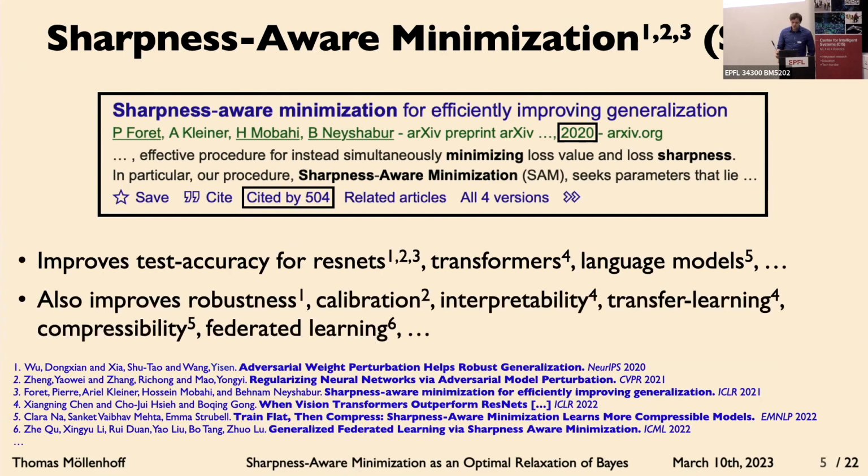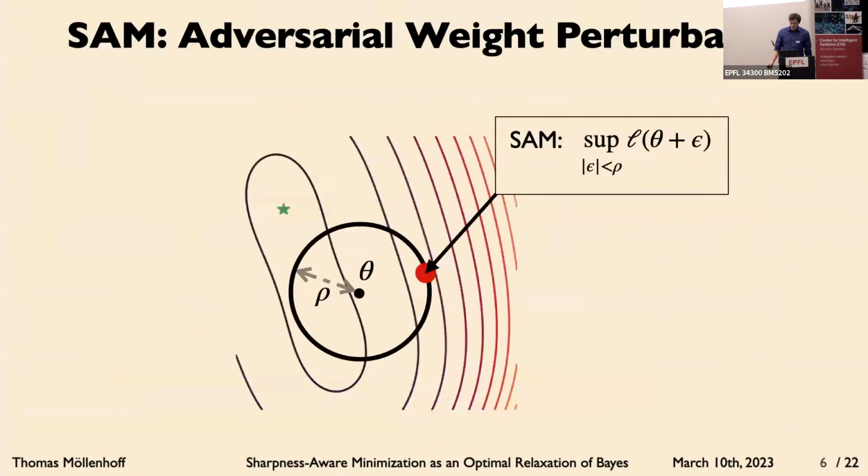And it not only improves your test accuracy, it also improves robustness, calibration, interpretability, transfer learning, compressibility, federated learning. There's a bunch of other papers just coming out all the time: Sharpness-Aware Minimization improves XYZ in that application. So it seems to be quite a magical method. What does it do? How does it work?